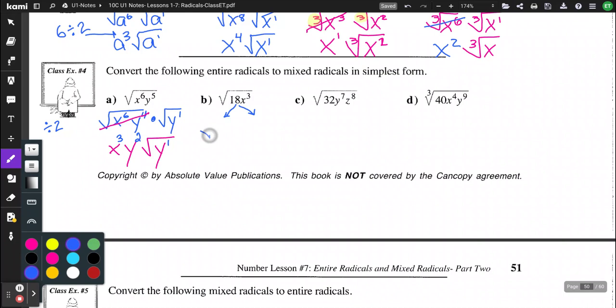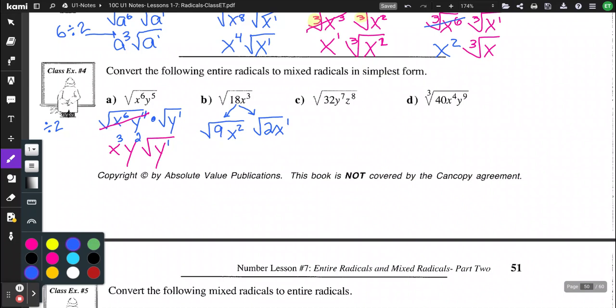So I know this guy is going to break into 9 and an x to the 2 because I can take out x to the 2. And then what does 9 have to multiply to give you an 18? 2. And then how many x's are left over if I take 2 away? 1. Good. So 2x1 is going to be left underneath.